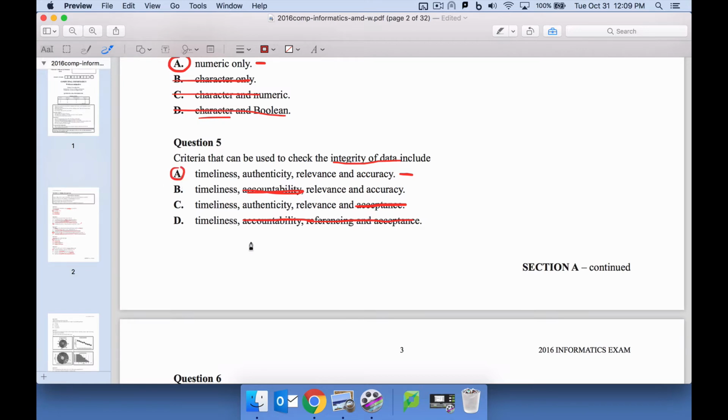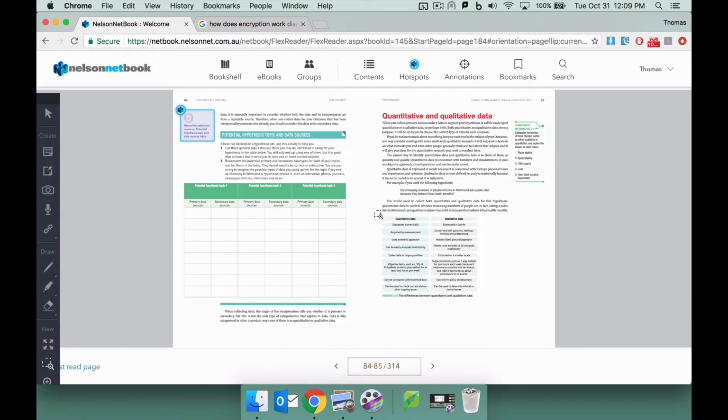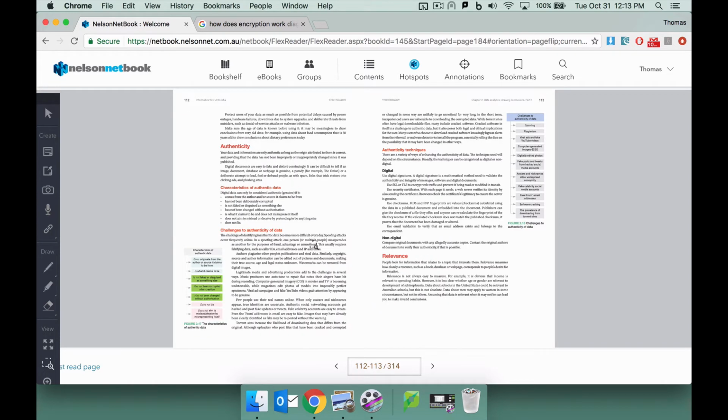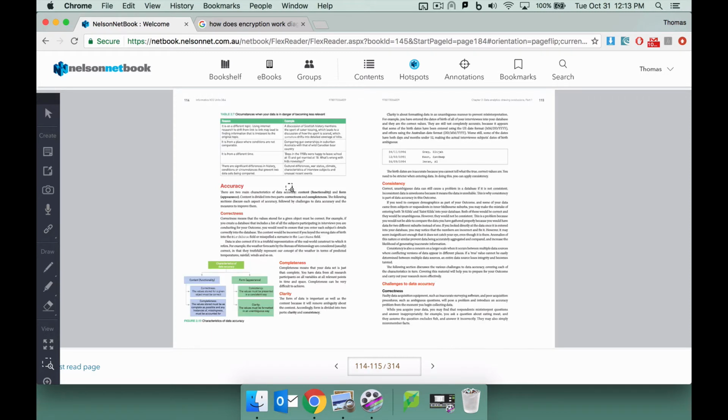For more information on the integrity of data, it's in our books under page 111. Here we have the integrity of data, all the major headings and categories that come under that. So timeliness, authenticity, relevance, accuracy, so correctness, completeness, clarity, consistency.